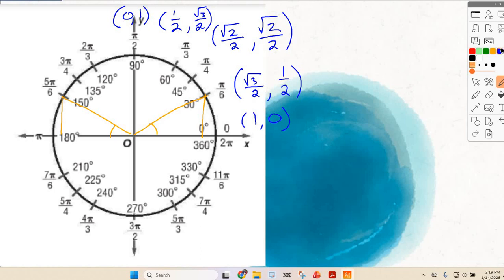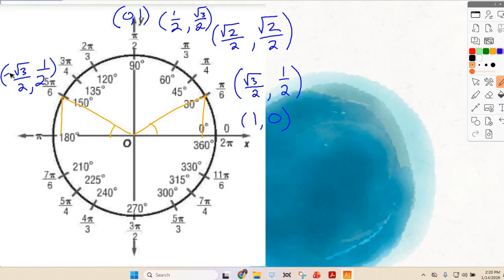So we said 150 or 5 pi over 6 is going to have the same reference angle as 30 or pi over 6, which means that it's going to have the same cosine and sine. Now, there is one difference. Because I'm moving to the left this time, what does our x value have to be? Negative. So I am going to have to put a negative in front of that first one. So our cosine becomes negative for all of our angles in our second quadrant.